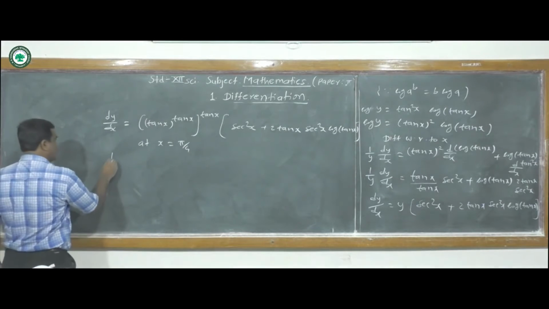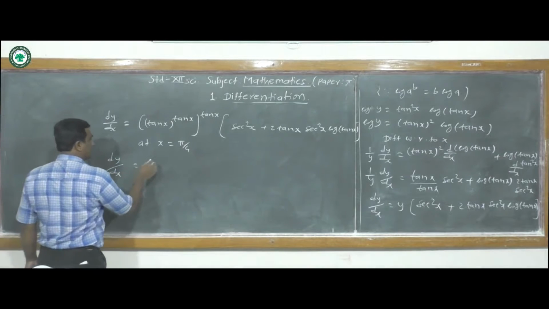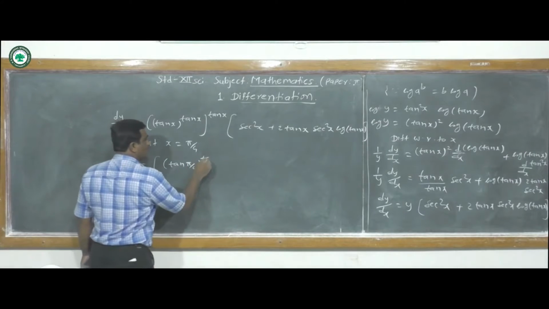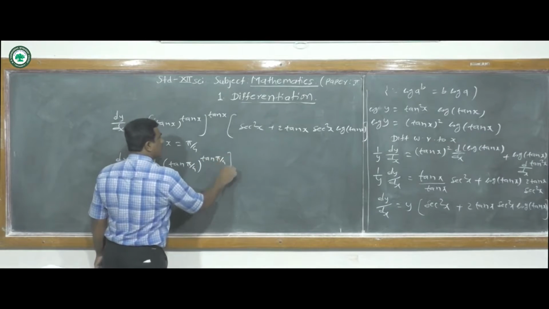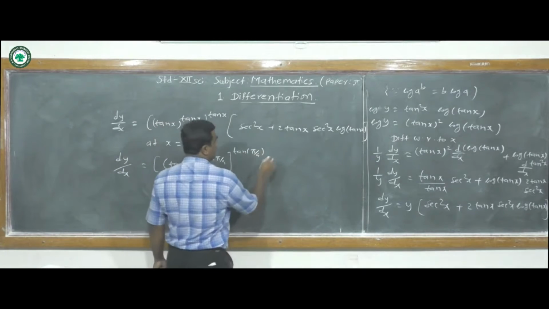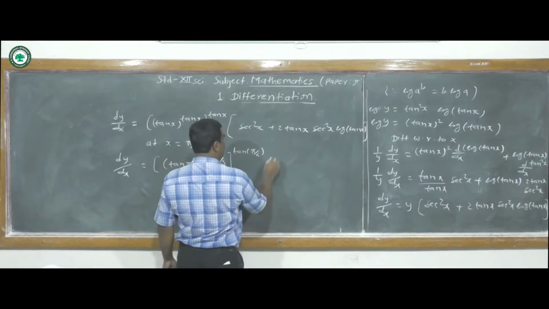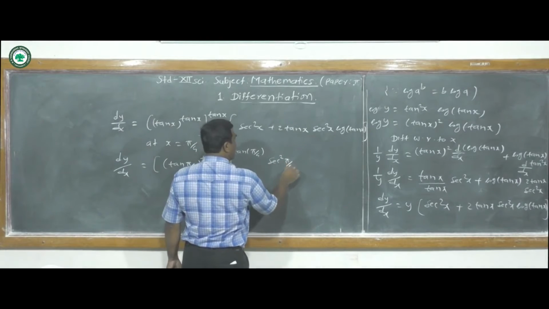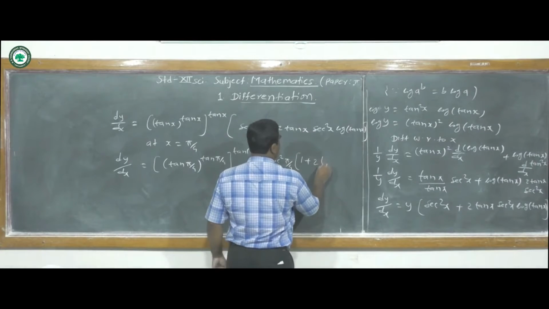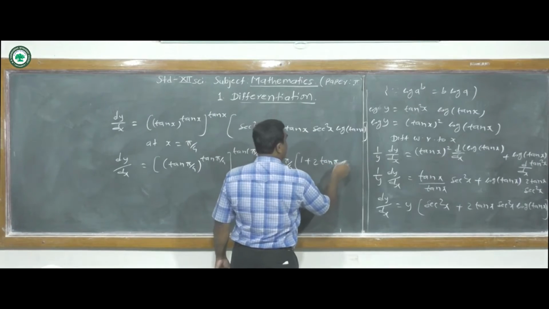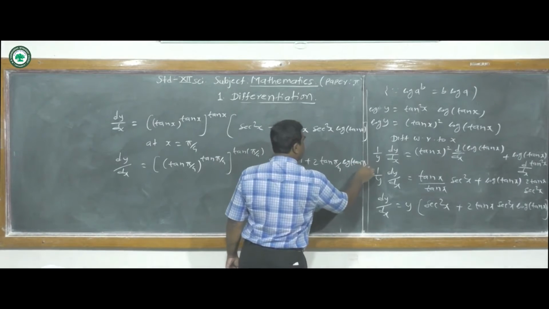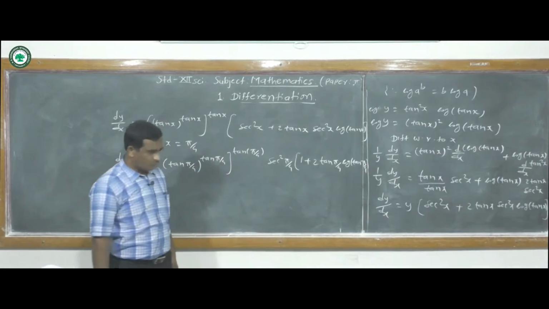That is, dy by dx equal to tan pi by 4 raised to tan pi by 4, whole raised to tan pi by 4. Now here we can take sec square x common: sec square of pi by 4 into, in bracket, 1 plus 2 into tan pi by 4 into log of tan pi by 4.